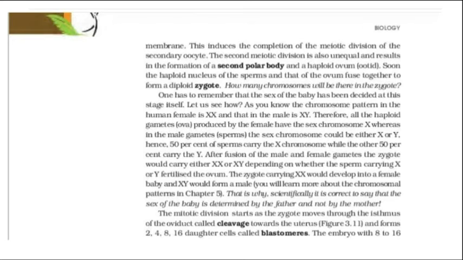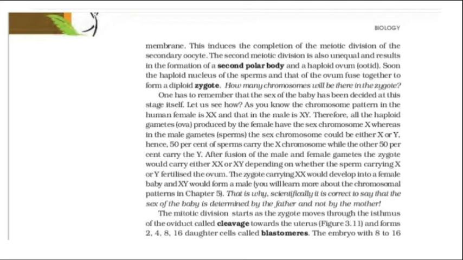Let us see how. As you know, the chromosome pattern in the human female is XX and that in the male is XY. Therefore, all the haploid gametes produced by the female have the sex chromosome X, whereas in the male gametes, the sex chromosome could be either X or Y. Hence, 50% of sperm carry the X chromosome while the other 50% carry the Y. After fusion of the male and female gametes, the zygote would carry either XX or XY, depending on whether the sperm carrying X or Y fertilizes the ovum.